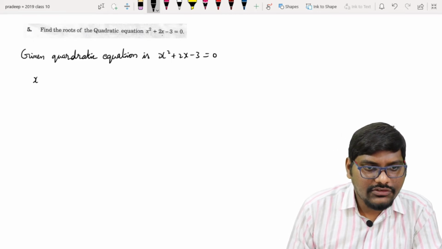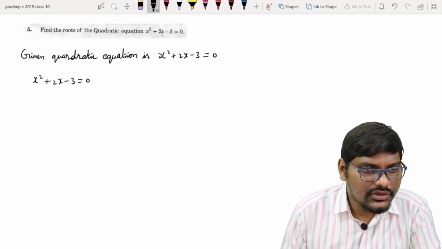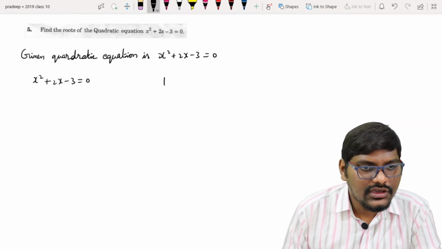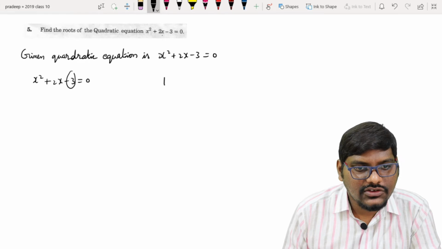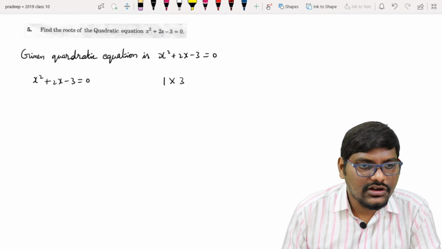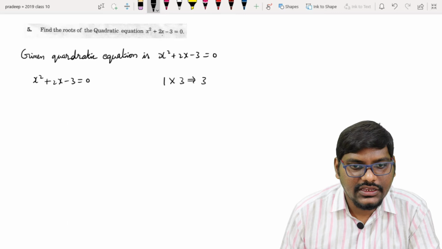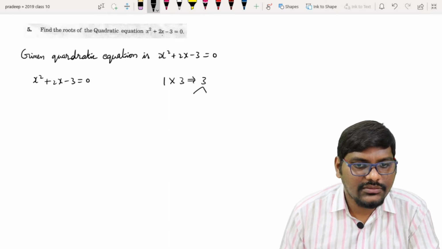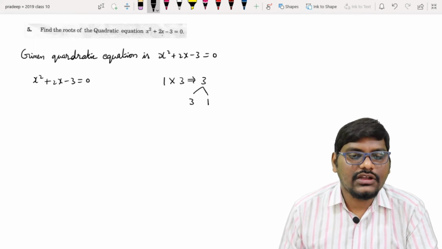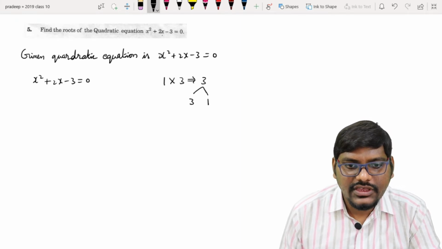So if you observe, the coefficient of x square is 1, and the last constant is 3. So we will multiply the first coefficient and the last value, 1 into 3, which is 3. So we'll see the multiples of 3, the only multiples for 3 are 3 into 1, 3 ones are 3. So we have to satisfy the middle term with this.